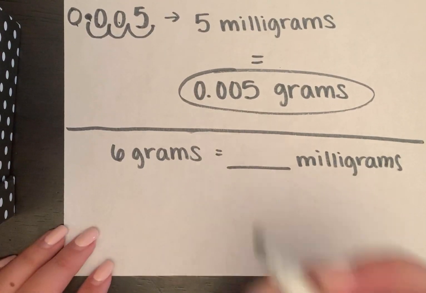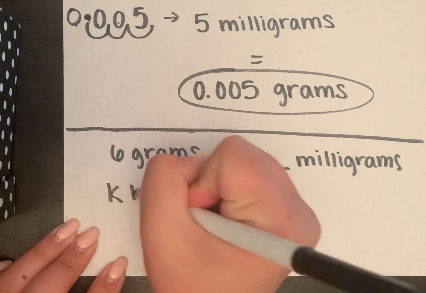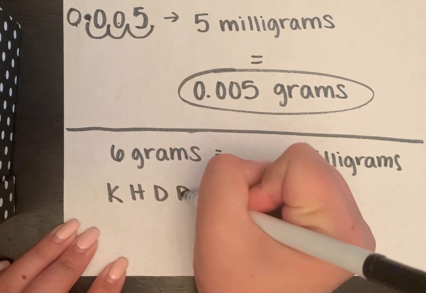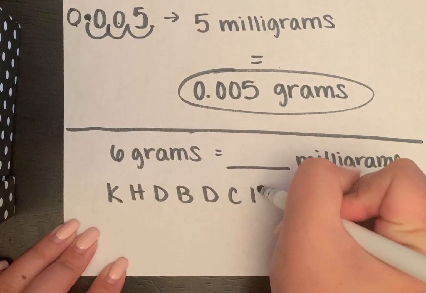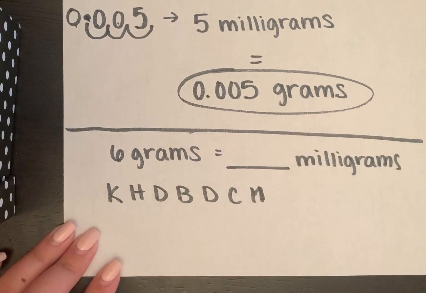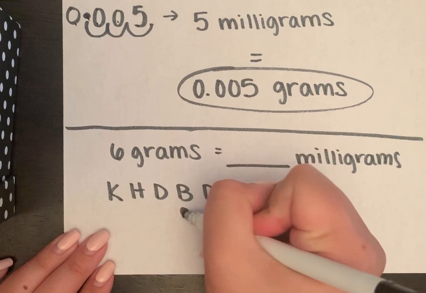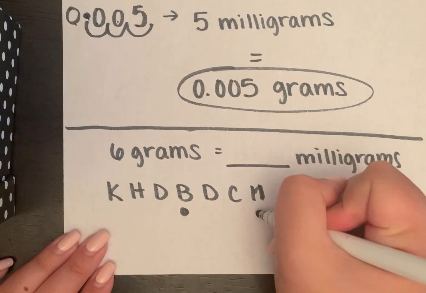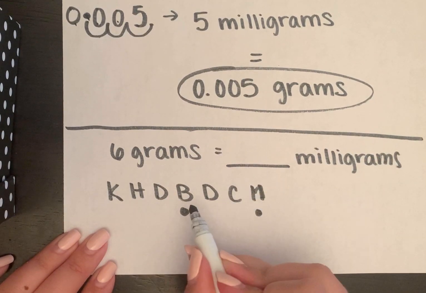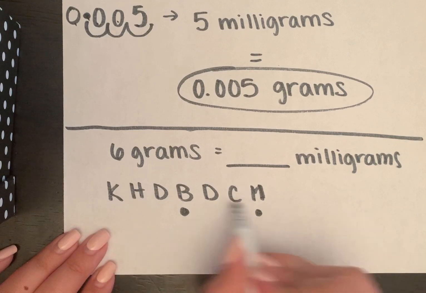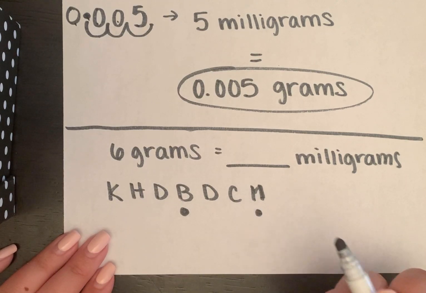Same thing. King Henry died by drinking chocolate milk. Oh goodness, sorry. Grams is a base unit, so I'm starting here and I'm ending at milligrams. It's not always going to be your base to milligrams, it could be any of these, but this is just the example that we're doing.